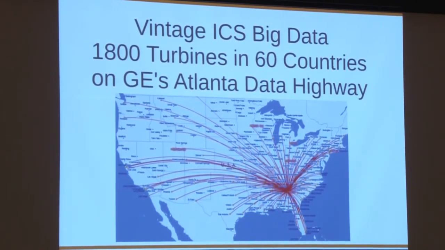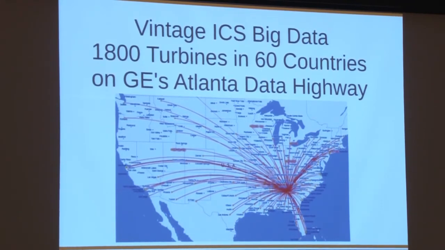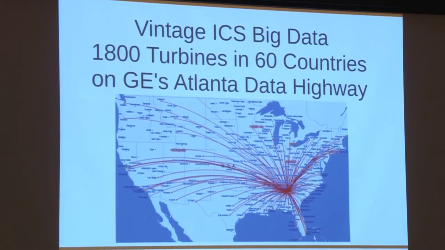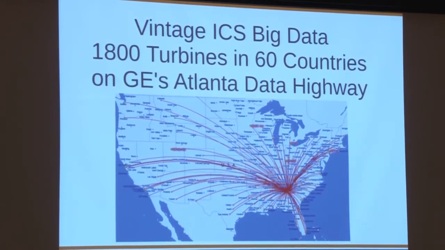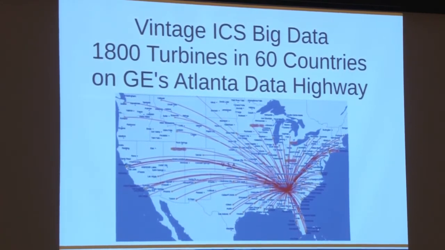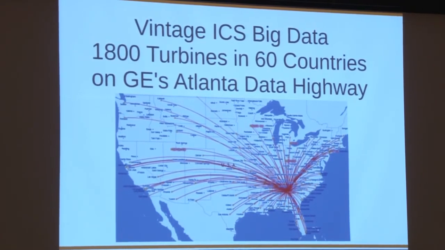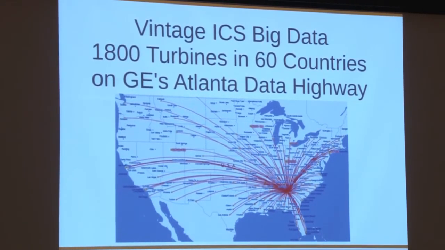So from Atlanta, you have at least the ability to monitor all those systems and usually the ability to control all those systems. And I would argue that this is probably the most high-value target for anyone to attack in the ICS world. Because if you can compromise this system in Atlanta, you can potentially shut down 1,800 power plants in 60 countries.